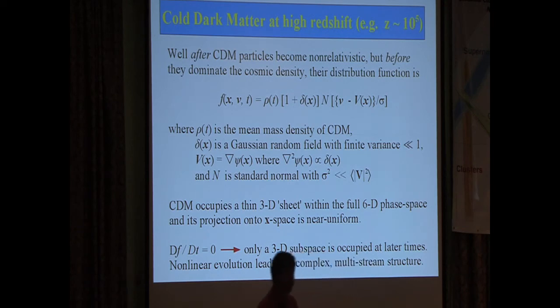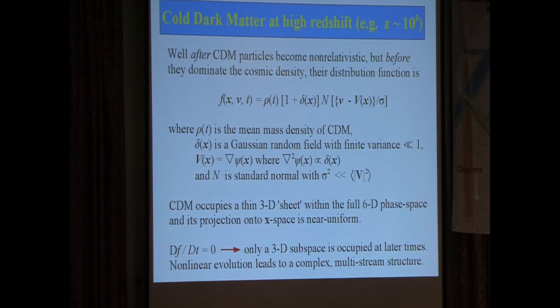All right. So to understand why you get caustics, you have to understand something more theoretical about the nature of the dark matter. If we go back to the early universe before there was any structure and ask what was the expected distribution of the cold dark matter, you can go to a period which is well after the dark matter decoupled from the other components of the universe, but long before structure formed, or they dominated the cosmic density, and you can predict what the distribution of dark matter particles should be in linear theory, and specify the distribution of dark matter particles as a function of their position, their velocity, and some time.